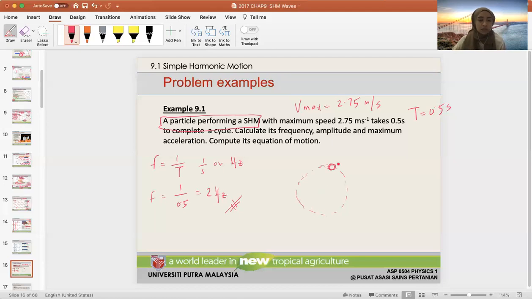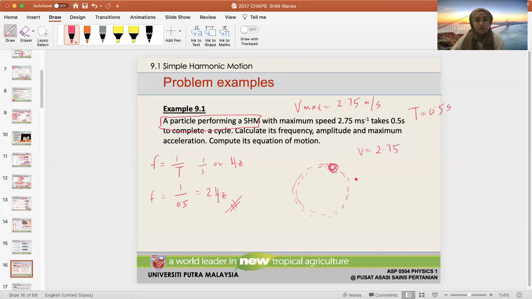So particle selalunya akan berkait dengan rotational circular motion lah. Spring berkait dengan linear punya displacement, back and forth, back and forth. This one, when it talks about particle, you use the circular motion. Okay, so here it says V equals to 2.75.